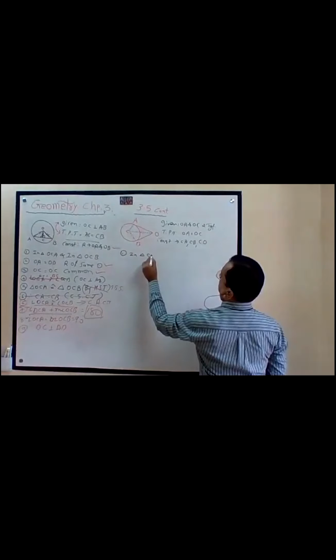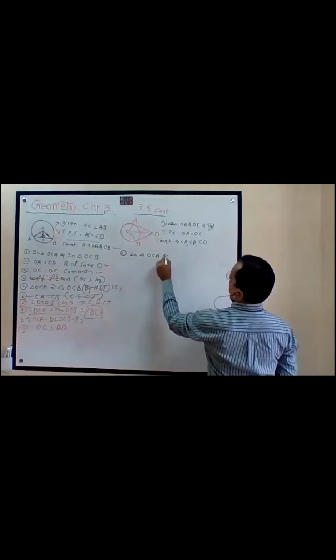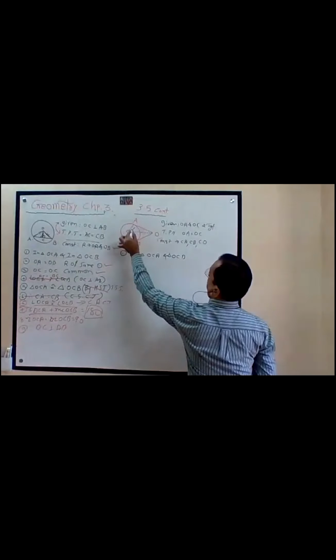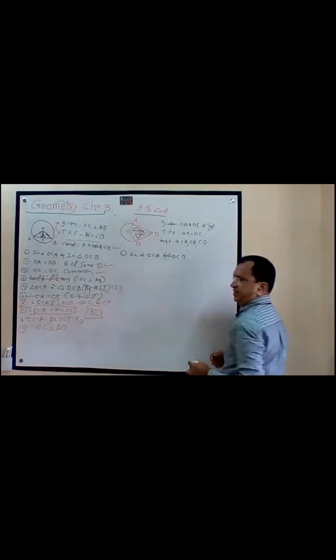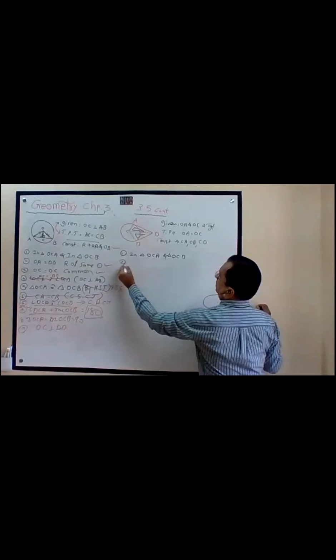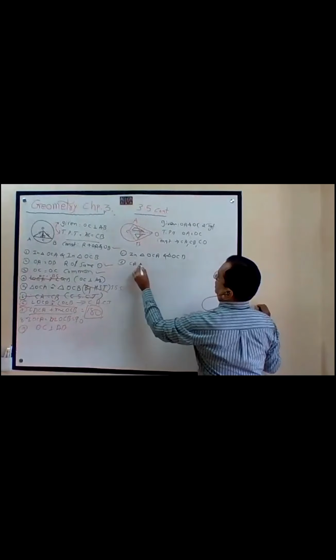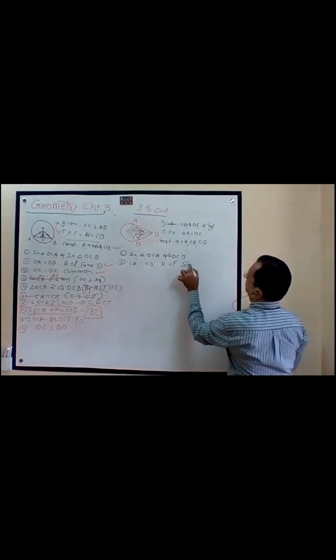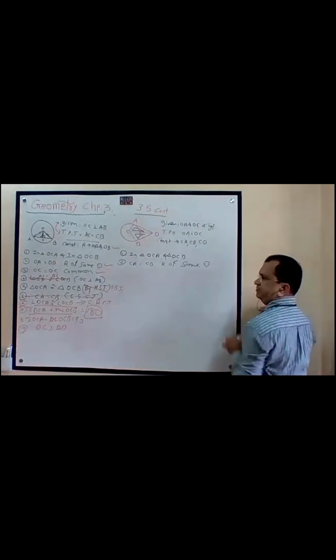In triangles OCA and OCB, in this triangle and this triangle, CA is equal to CB, radii of the same circle.